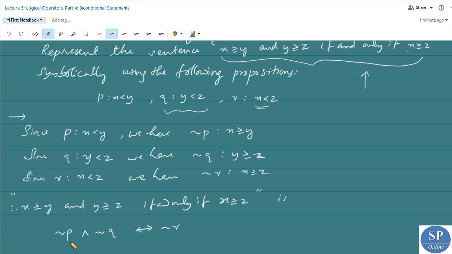So this will be the expression of this sentence in symbolic form. Okay, negation P and negation Q if and only if negation R.